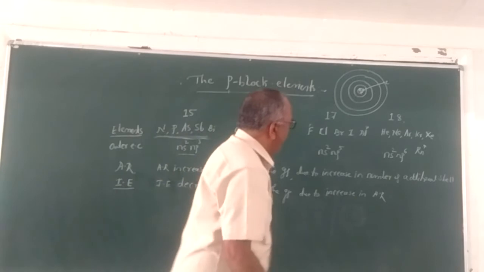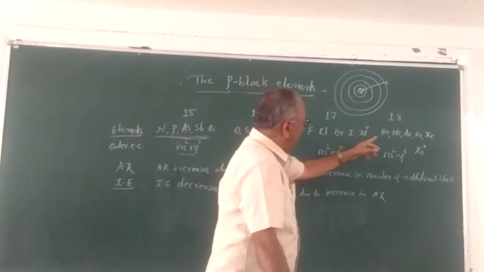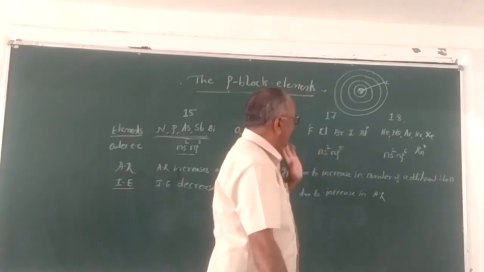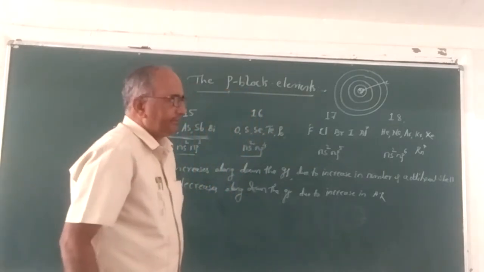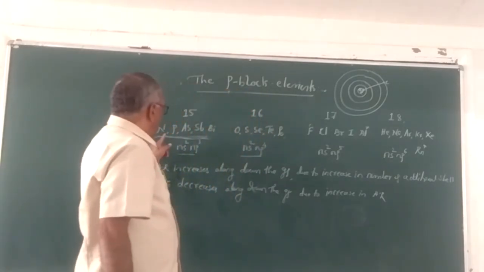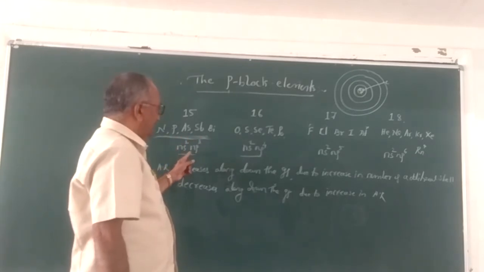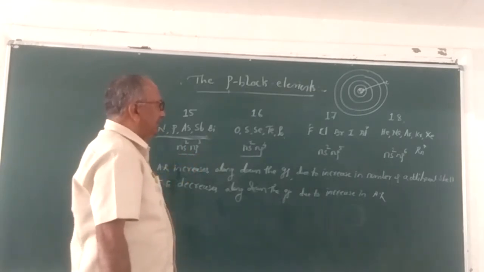Similarly, neon having higher ionization enthalpy than fluorine, because of the half-filled p orbital, therefore it has extra stability compared to the 16th group element.